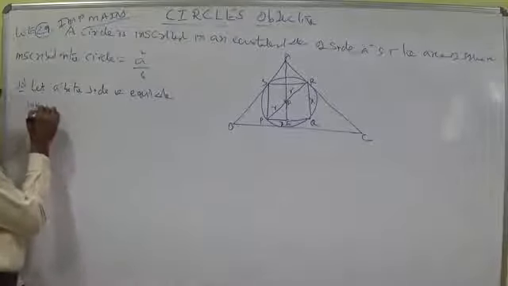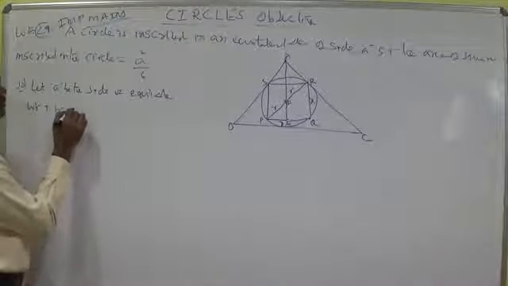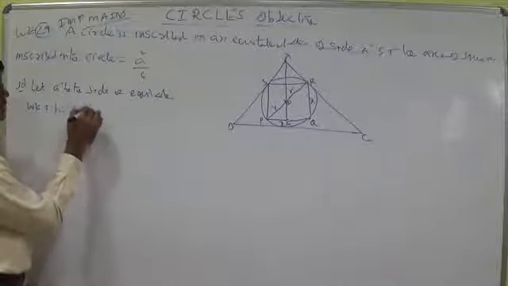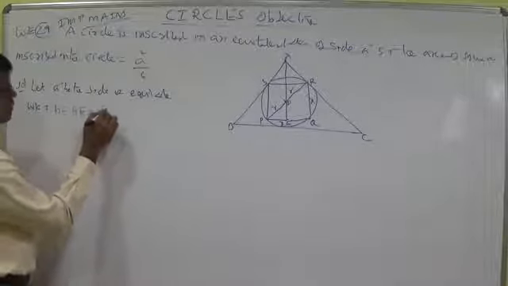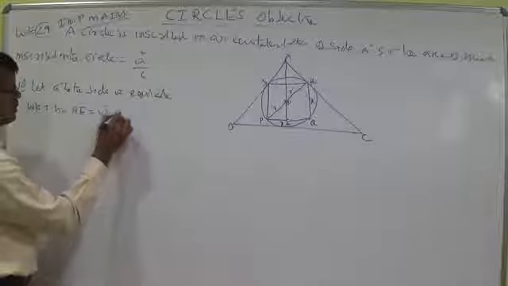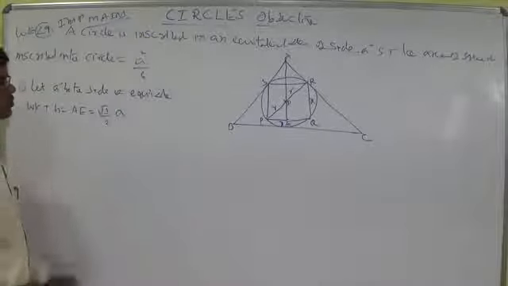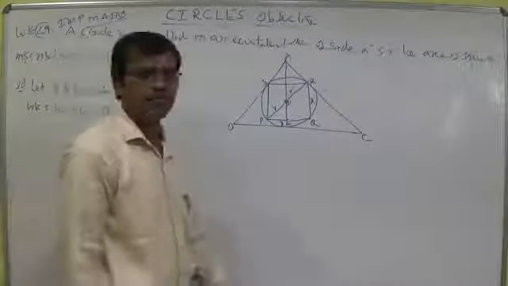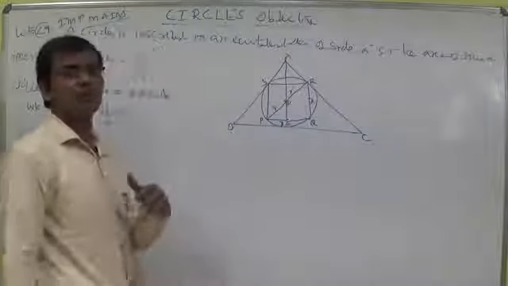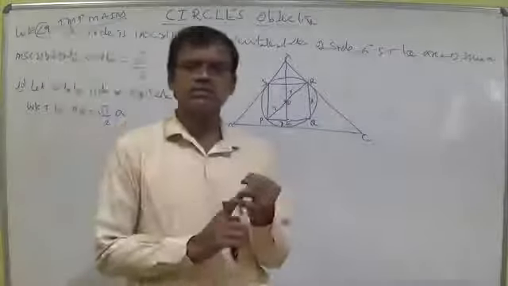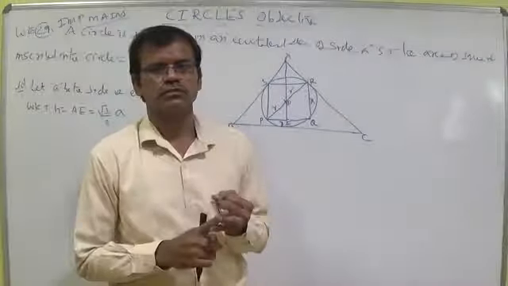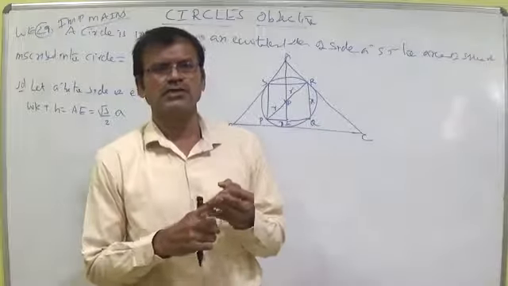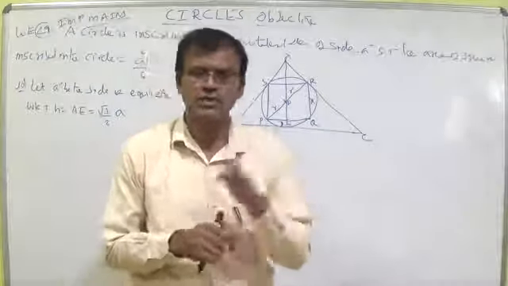We know that H, that is AE, for an equilateral triangle, is given by the formula H equals root 3 by 2 into a. And for an equilateral triangle, circumcenter, orthocenter, incenter and centroid are all the same.